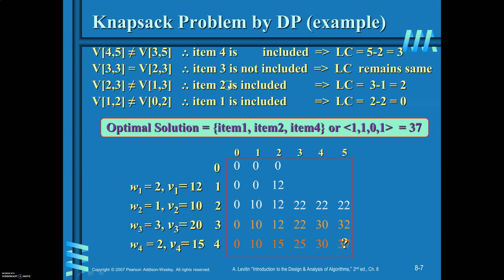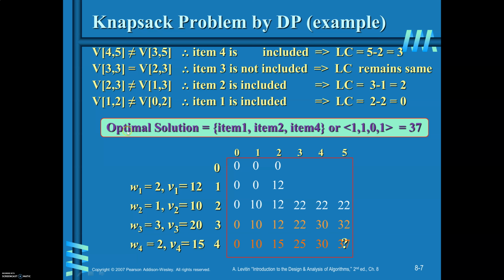It's the same, therefore item 3 is not included. Then check for V23, that is the second item, whether it is included or not. For that, V23 here is not equal to V13. V13 is 12, it is not the same. So item 2 is included. Item 2 weight is 1. So left out capacity is 2 here.